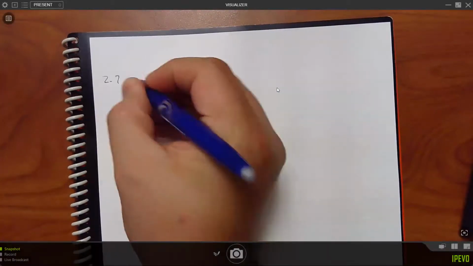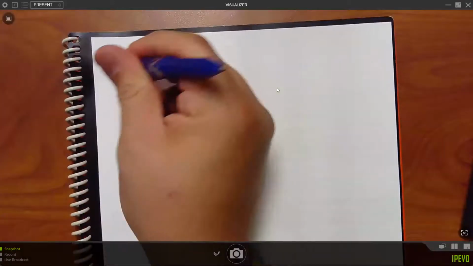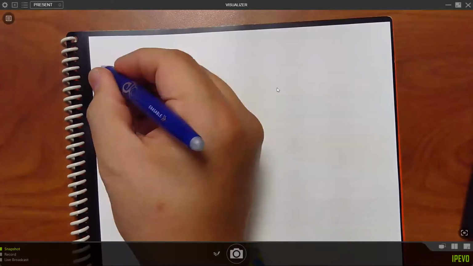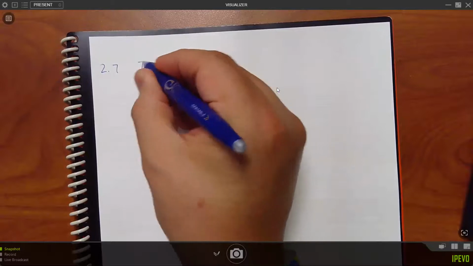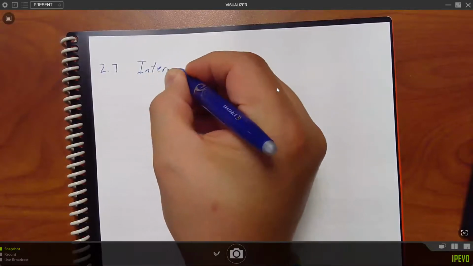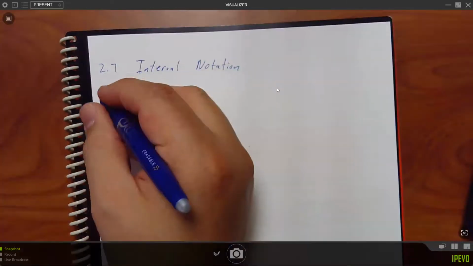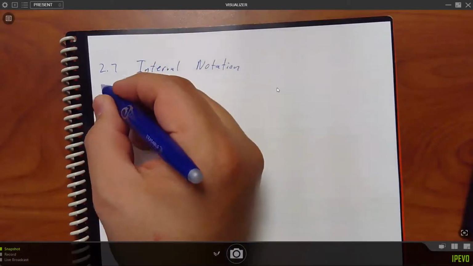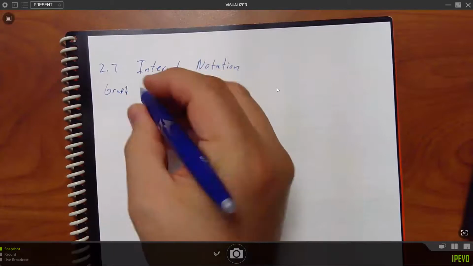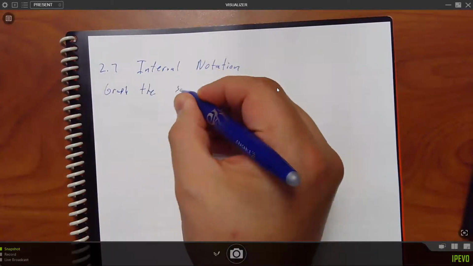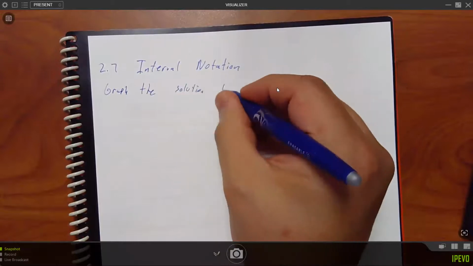All right, 2.7 is the next one. This is the last section for chapter 2. So graph the solution for the following.